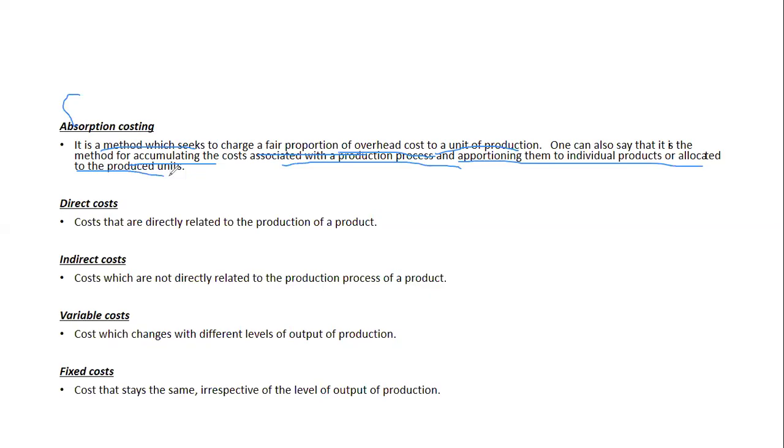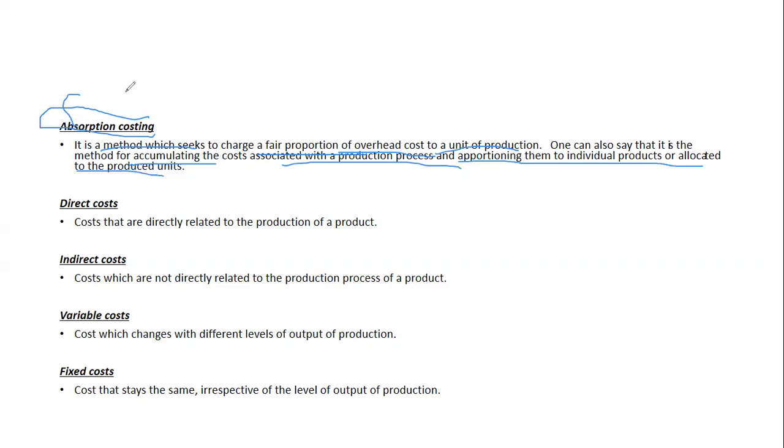But I'll give you the simplest definition. You can say that it's a method of costing that charges all production costs to the units produced, which means that absorption costing does charge all production costs to the units being produced. It does take into consideration all of the production costs of the units being produced.